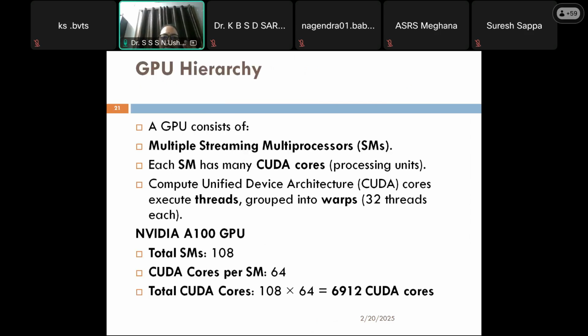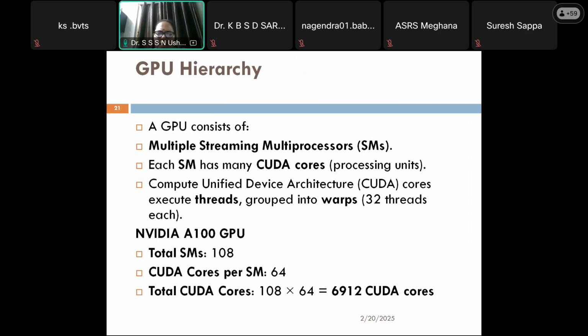And this is the GPU hierarchy. A GPU consists of multiple streaming multiprocessors, which we generally call SMs. When you are dealing with the theory part of HPC, you will always get this kind of structure. SM will always be there.